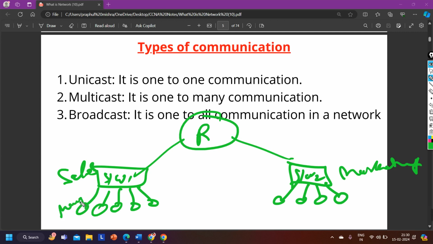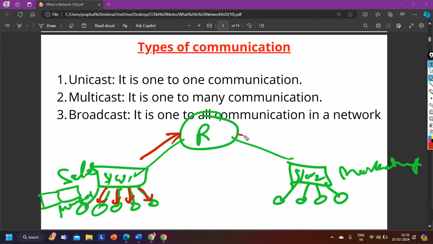Now let's say this is the manager here. If this manager wants to send a broadcast message to everyone, it will generate a packet and send it to a broadcast address. How many devices will receive this broadcast message? This machine will receive, this machine will receive, this machine will receive, this machine will receive, and the router will receive.